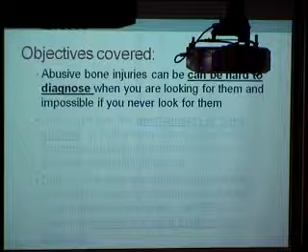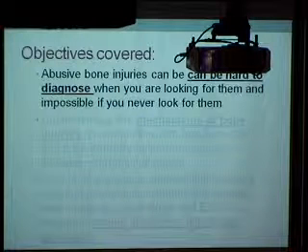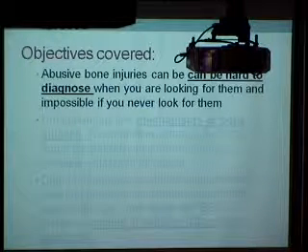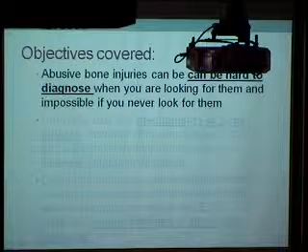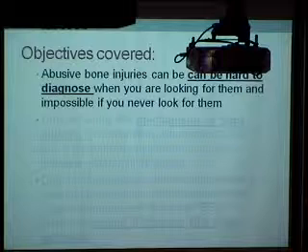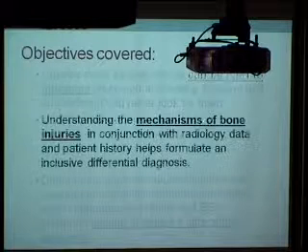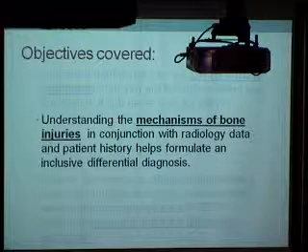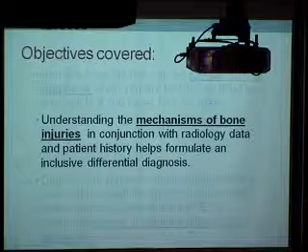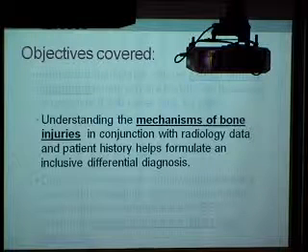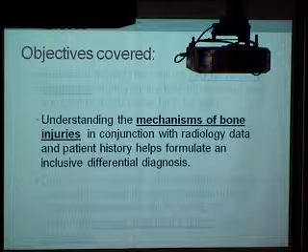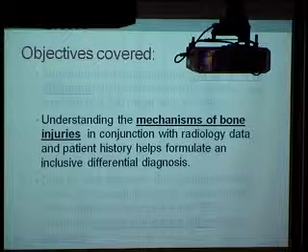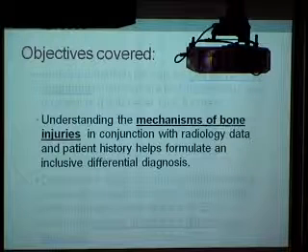So hopefully I've covered why abusive injuries can be hard to diagnose, especially in kids that are not mobile yet, even when you're looking for them. And understanding the mechanisms, or at least what people who do this type of work understand about the mechanisms of bone injuries, and the importance of using the radiologic data in conjunction with the patient history so that it helps formulate an inclusive differential diagnosis.